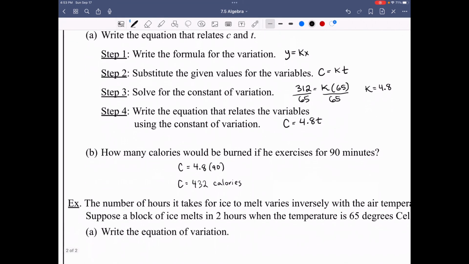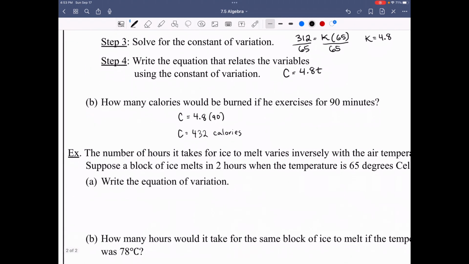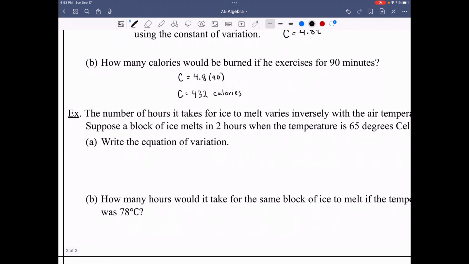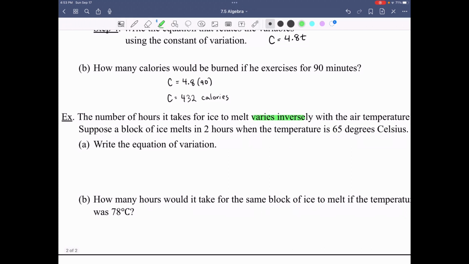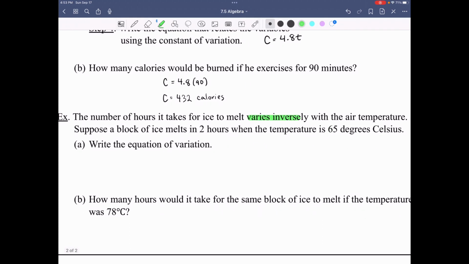Let's look at an inverse variation. The number of hours it takes for ice to melt varies inversely, that's important, with the air temperature. Suppose a block of ice melts in 2 hours when the temperature is 65 degrees Celsius. Write the equation of variation. So remember that the inverse formula is y equals k over x.